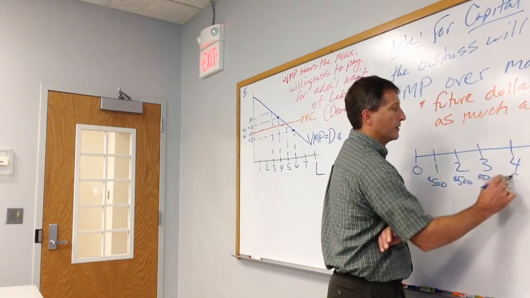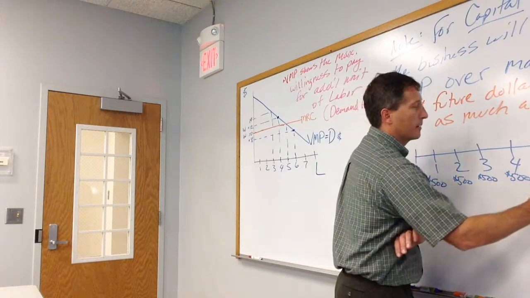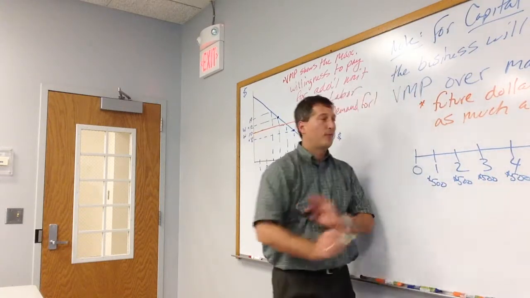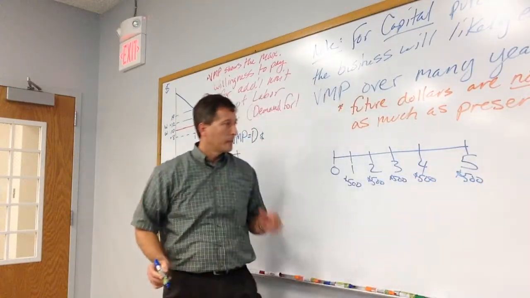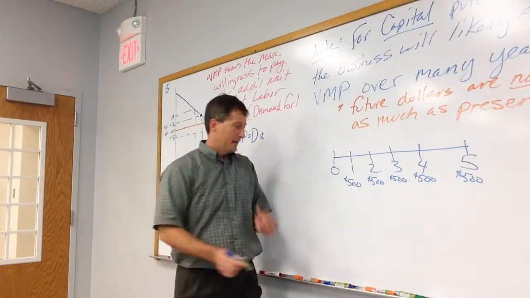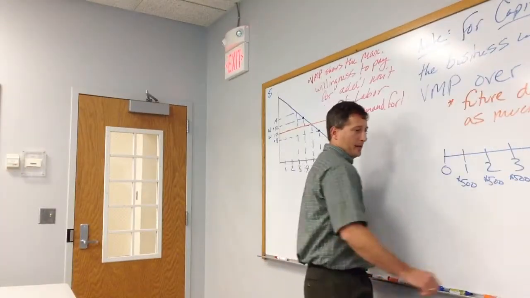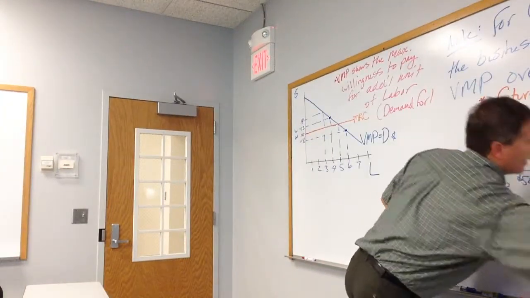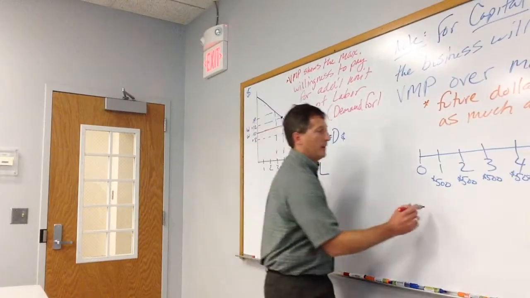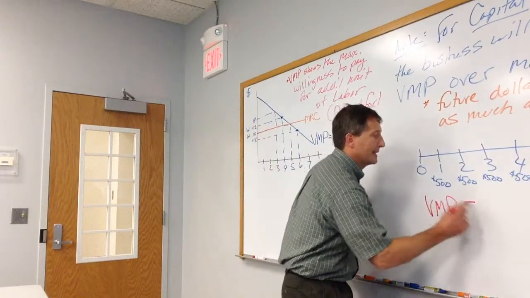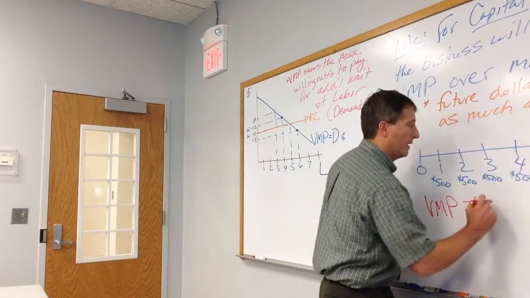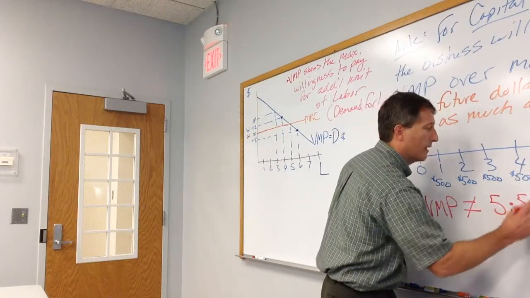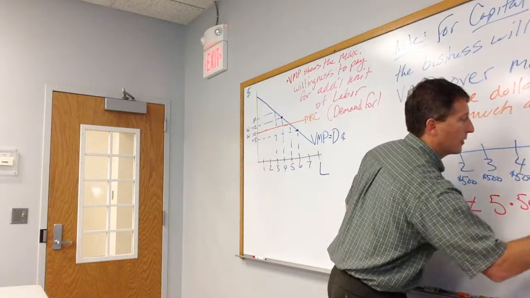That is the value that I think that computer will bring in, $500 for the next 5 years. The value of the marginal product is not equal to 5 times 500 equals 2,500.